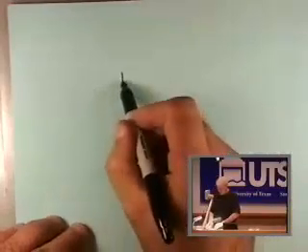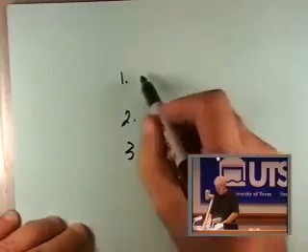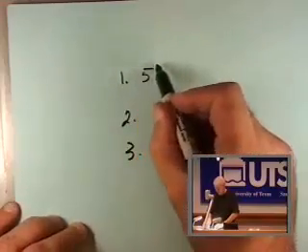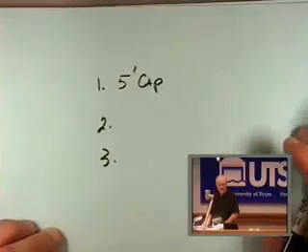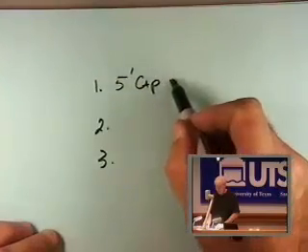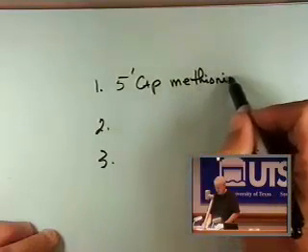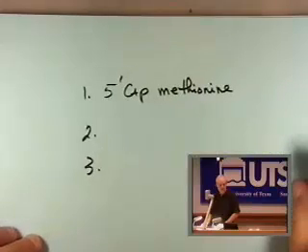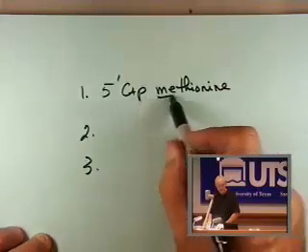So there are at least 3 examples of RNA processing. There is the 5' cap, and that's what, methionine? Nobody's objecting, so if I'm wrong, you're learning the wrong thing. So double check on this one.